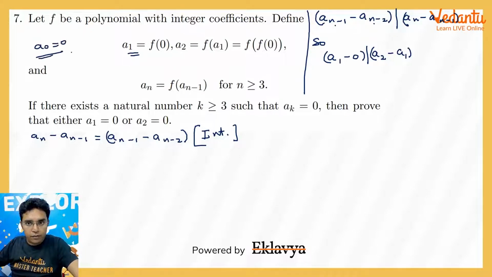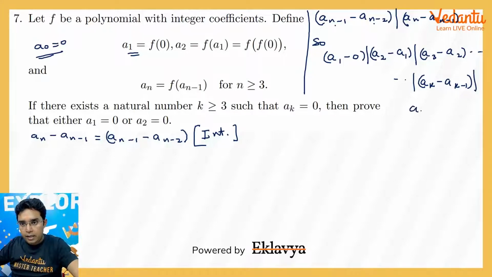You can take that way also, and then you will be able to prove that a1 minus 0 divides a2 minus a1, and this will divide a3 minus a2, and so on. Okay, and we will be getting ak minus 1, and then ak plus 1 minus ak, and so on.